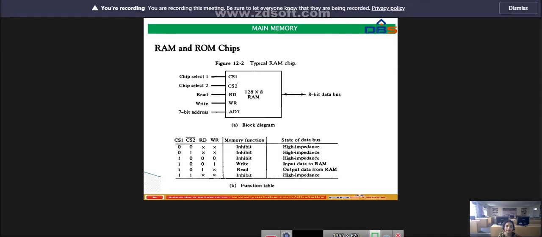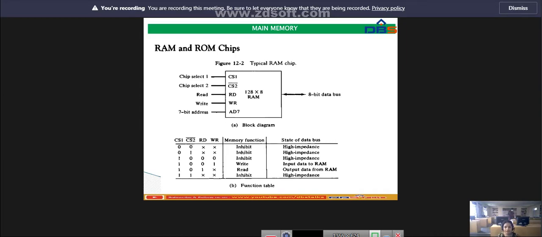The read and write inputs are sometimes combined into one line labeled read or write. When the chip is selected, the two binary states in this line specify the two operations of read or write.